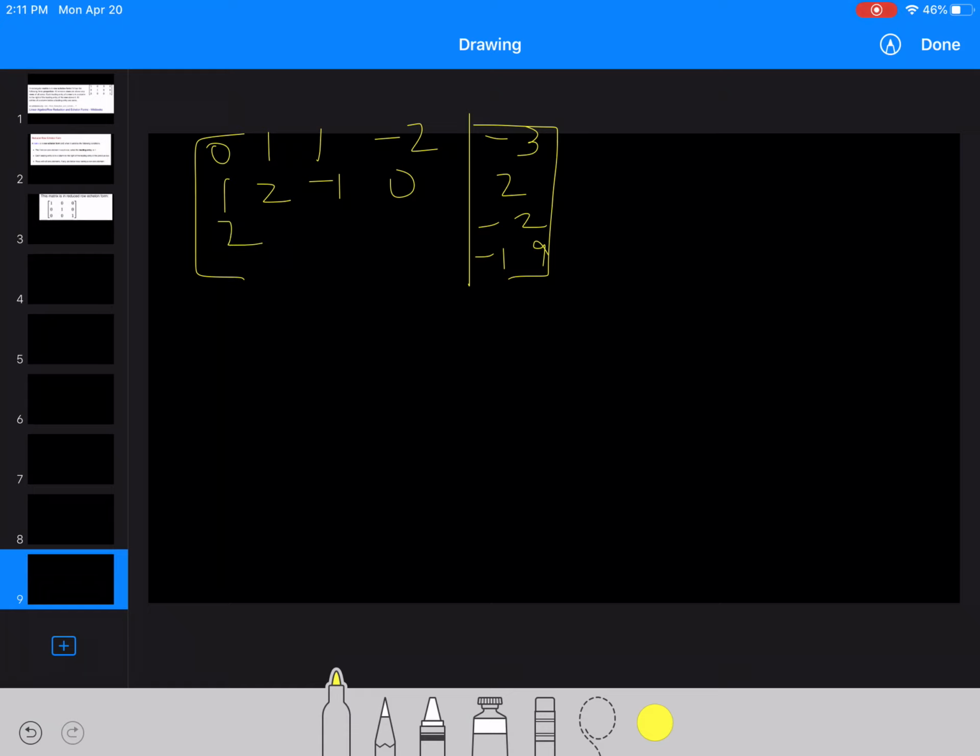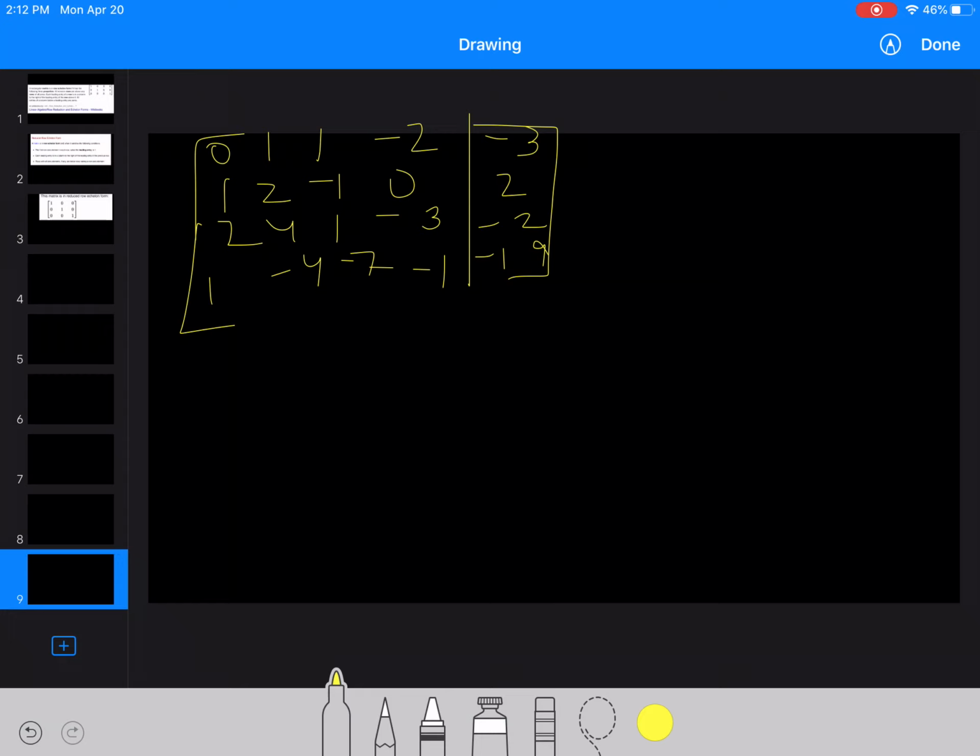I have 2, 4, 1, -3. And the last row was 1, -4, -7, and -1. So that was our matrix that we have in the previous example.